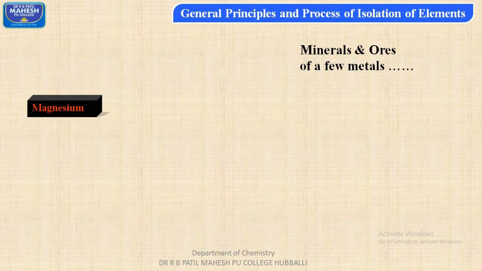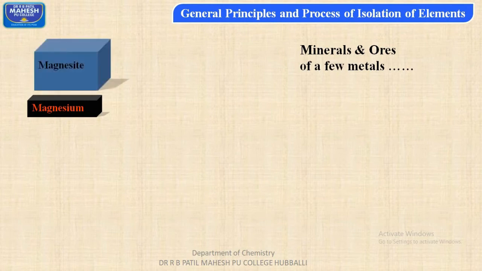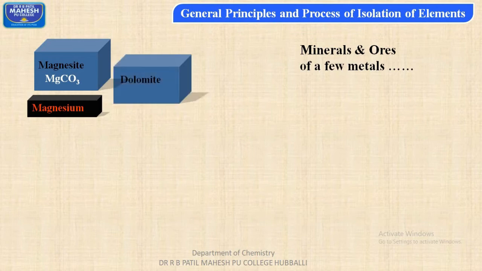And the next metal is magnesium. In case of magnesium students, we are having three different minerals. The first one is magnesite with the formula magnesium carbonate, MgCO3. The second mineral is dolomite with the formula MgCO3.CaCO3.